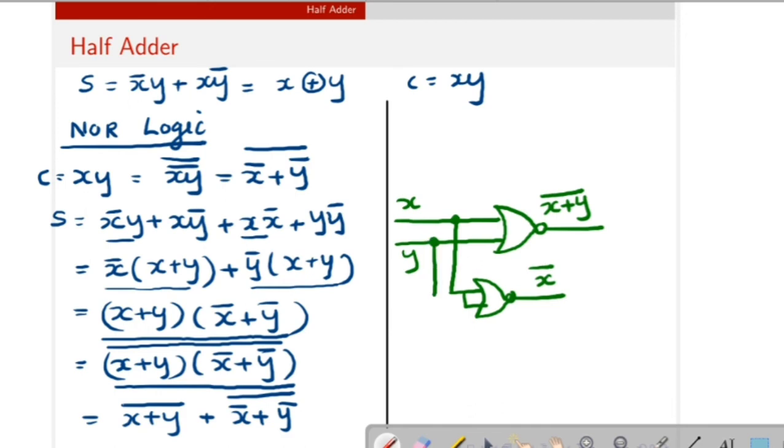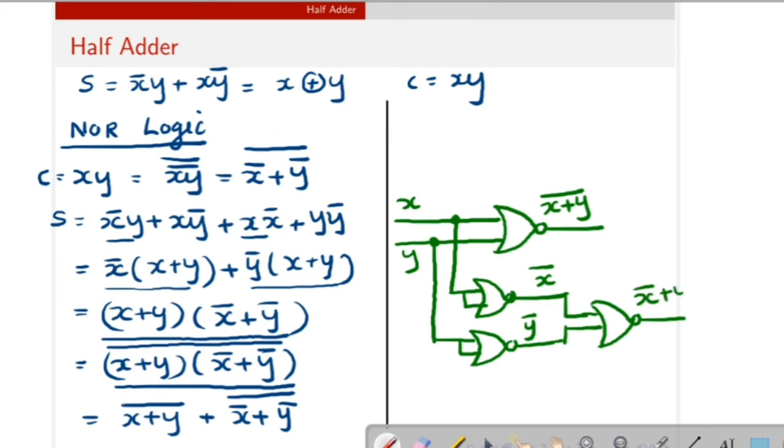Same way take y, complement using a NOR gate. So here you have y bar. Then these two are NORed together. So you get x bar plus y bar whole bar.